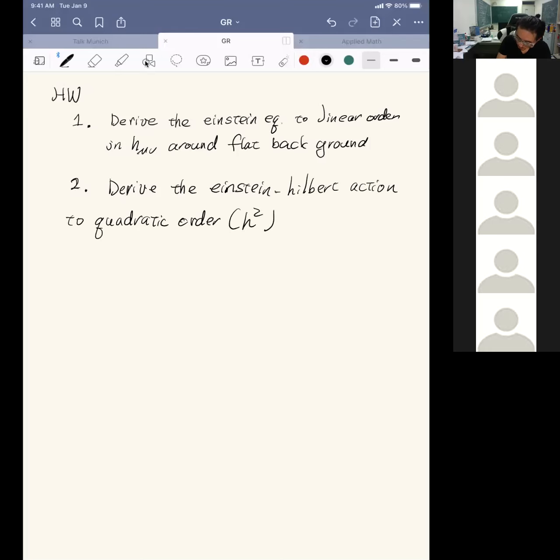The linear order will vanish, so you need to show why. You just get the quadratic part of the action. These are straightforward. Try to do this in the de Donder gauge.